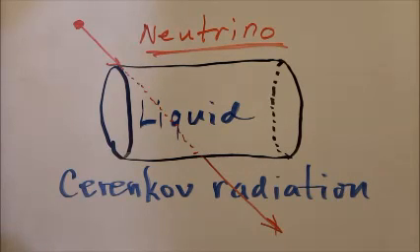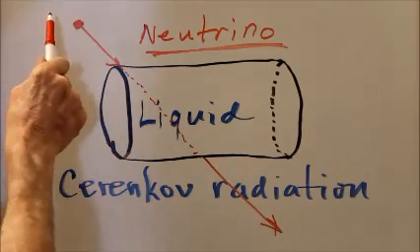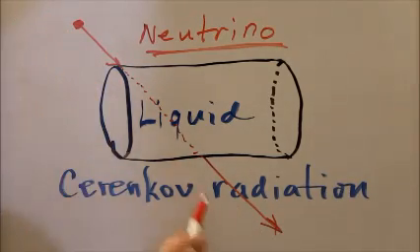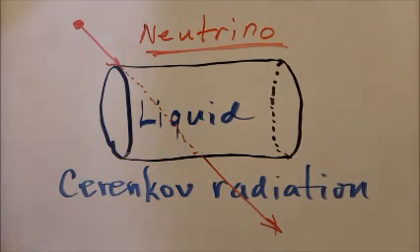whatsoever. However, if a particle, such as a neutrino, passes through a liquid, and as it does so, its speed exceeds the speed of light in that liquid, we get this phenomenon called Cherenkov radiation, which may look like a little blip of light or ultraviolet or some kind of detectable blip.